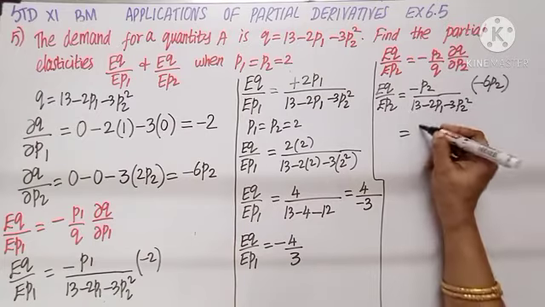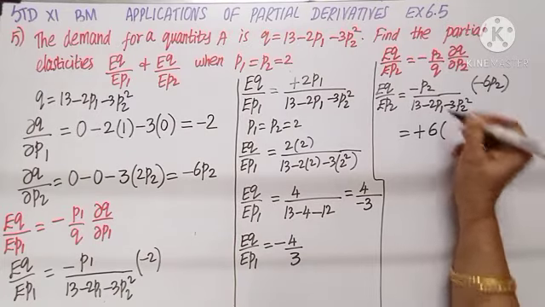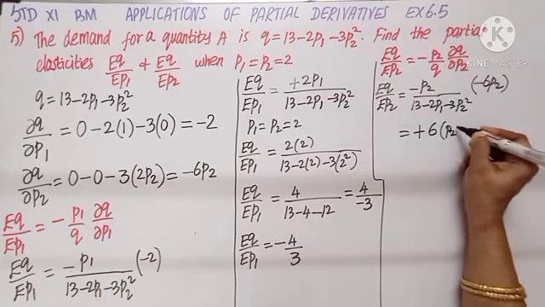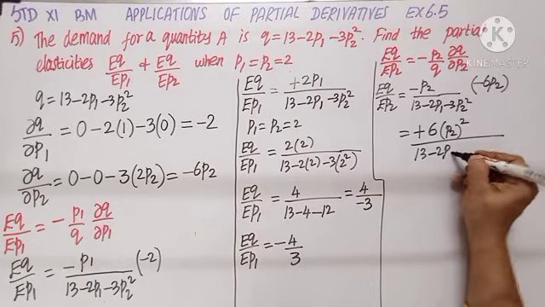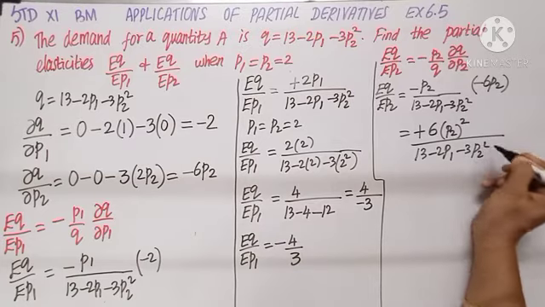Minus into minus plus 6 into P2 into P2, P2 square, divided by 13 minus 2P1 minus 3P2 square.